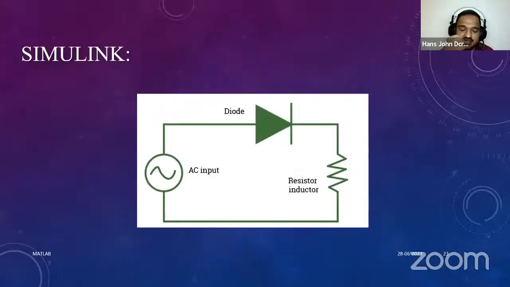So we have an alternating current as an input, which is what we get as a power supply at home, which is sent through the diode. The diode is used to convert any alternating signal to a direct current signal. So we do have a resistor inductor, which is a load, and the connection is completed with the AC circuit.